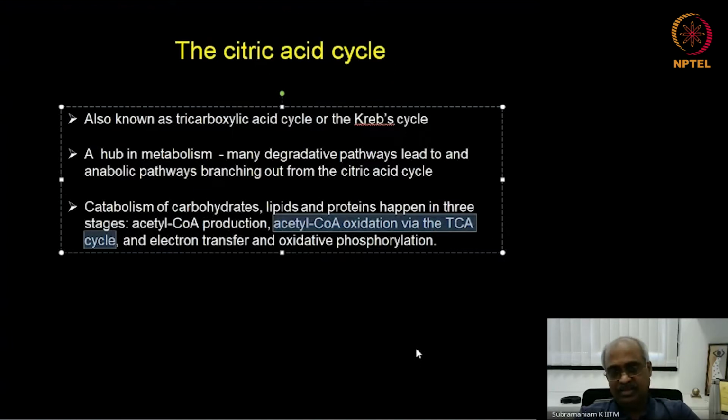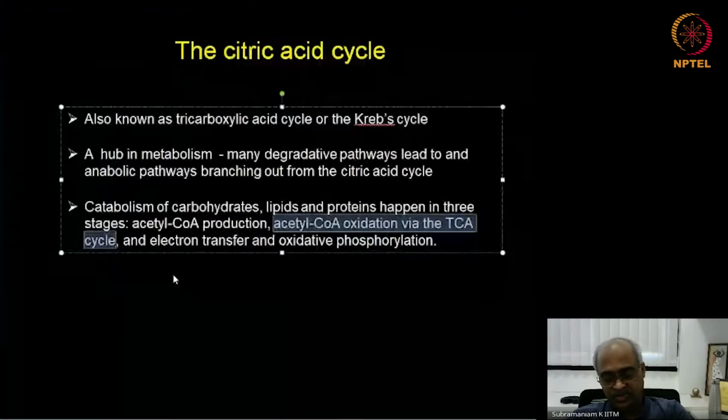And this is oxidation involving large free energy release, okay, negative delta G, and that is taken up by the electron flow. So remember, biological oxidation reduction means we are actually talking about an EMF, that is flow of electrons from molecules that have low affinity for electrons to molecules that have high affinity for electrons.